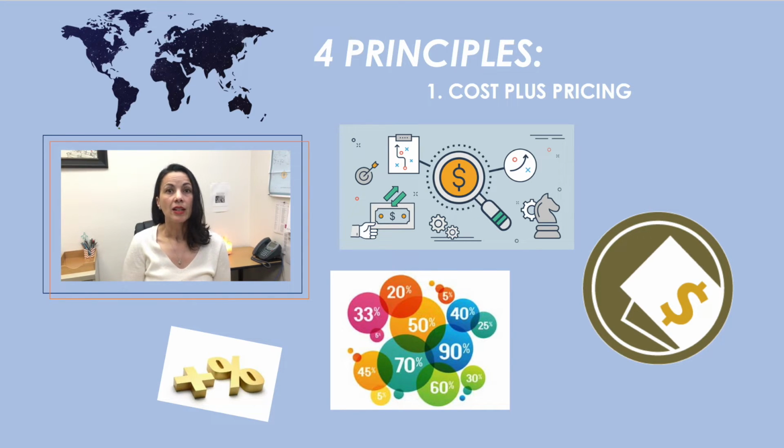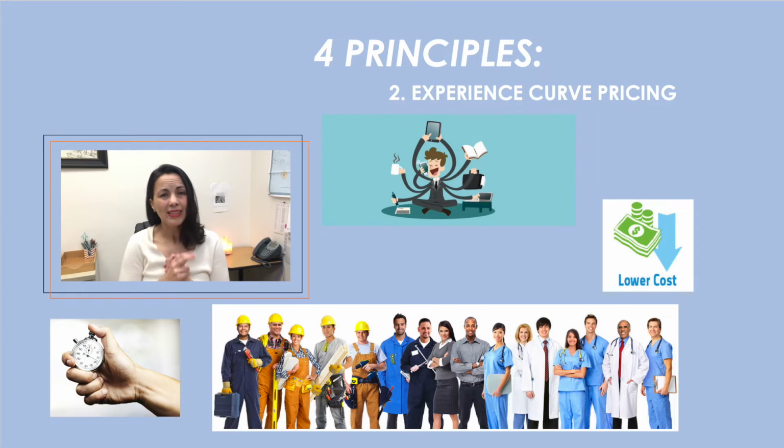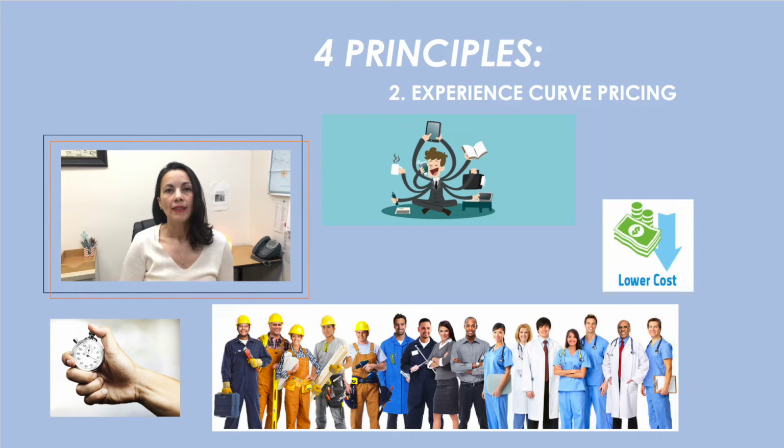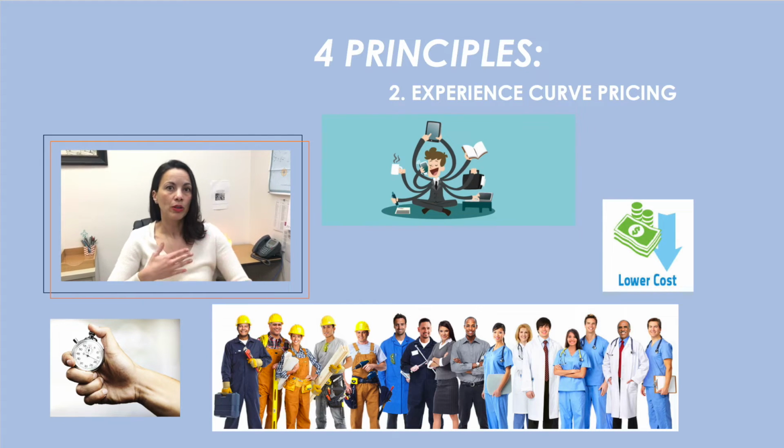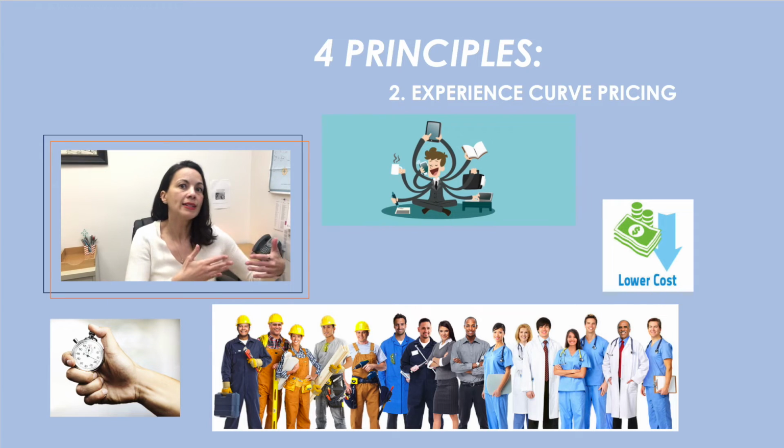So that's cost plus. The second one is experience curve pricing. And that is due to the fact that when we manufacture products, the more our labor learns how to do them in a more efficient way, the lower the costs you have. And so the more products you can create at a faster pace, and the more you lower your production costs. So learn by doing.